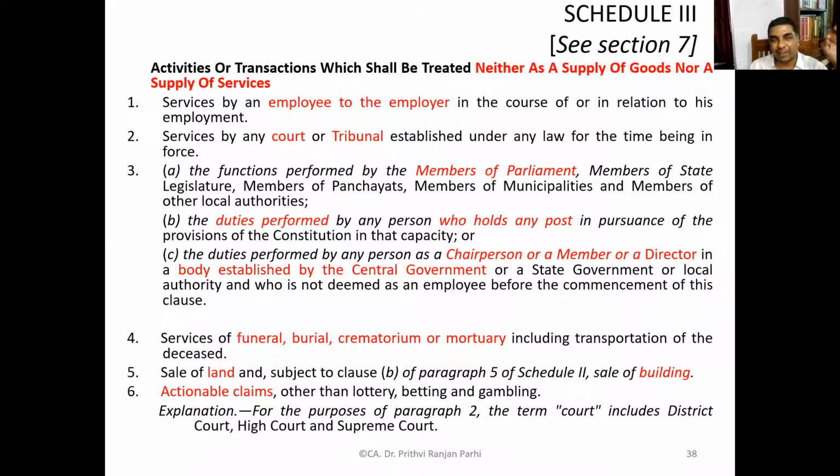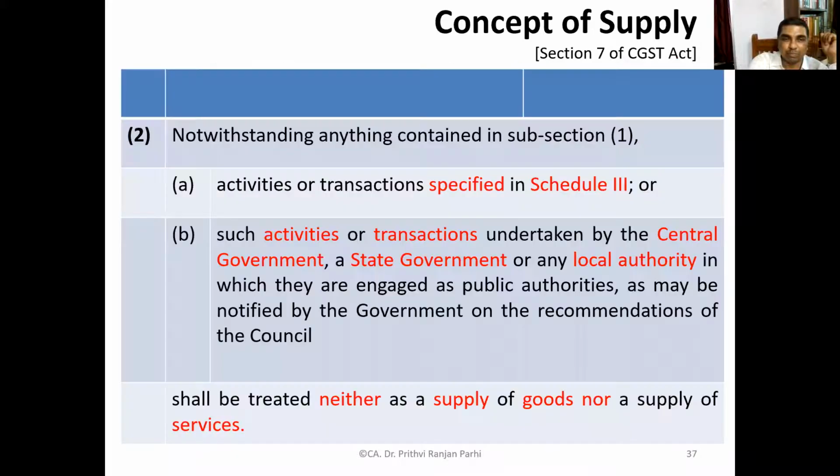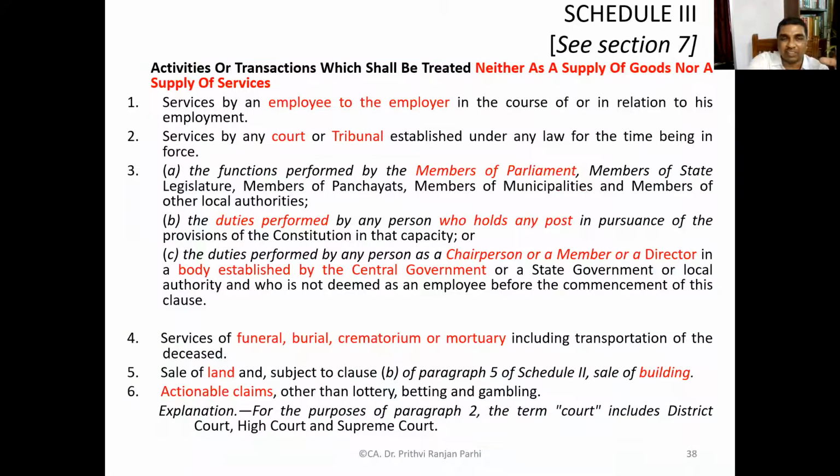Then services of funeral, burial, crematorium, or mortuary, including transportation of the deceased. All these activities are neither supply of goods nor supply of services. Therefore, they are not coming under the GST code. Sale of land is not subject to tax. We have seen Schedule 2, sale of buildings, regarding the construction activities, which we have discussed.